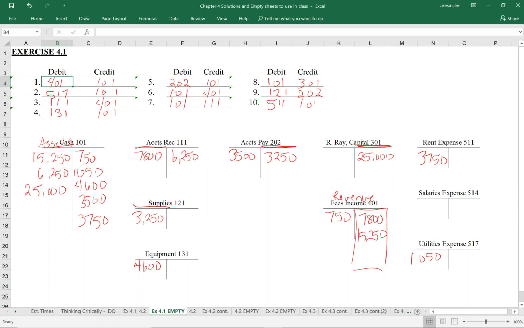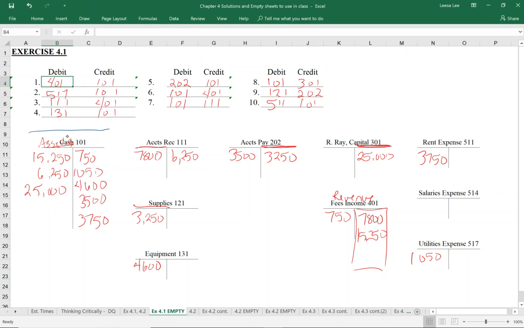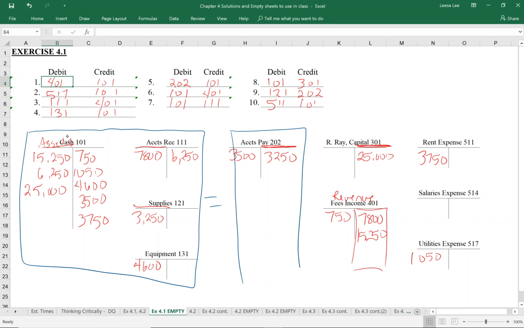Just a little reminder, I set up the T accounts in order, so our assets equals liabilities plus owner's equity.